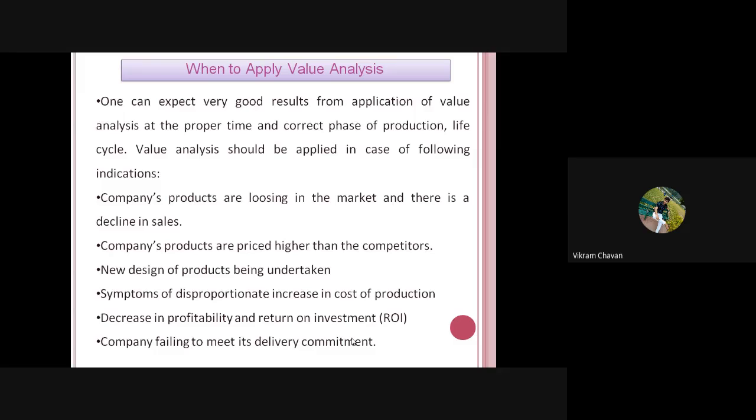Now the design is completely different, and some of the materials, like stainless steel, are replaced by aluminum. The purpose is cost reduction and weight reduction of that particular pipe.